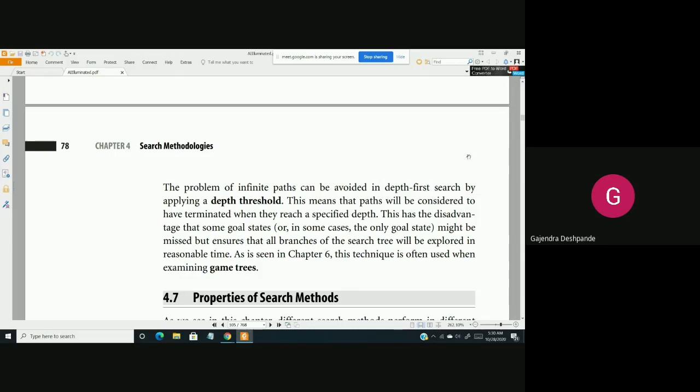So I will fix the nesting level as 5, which means only up to level 5 all data will be downloaded. Even if you have hundreds of folders with hundreds of nesting levels, after level 5 all those files will be ignored. In this way I will be able to download the entire website in a relatively shorter amount of time. This is how your depth threshold works.